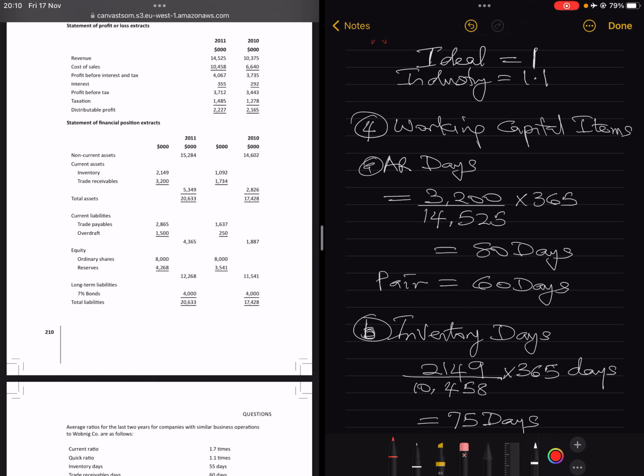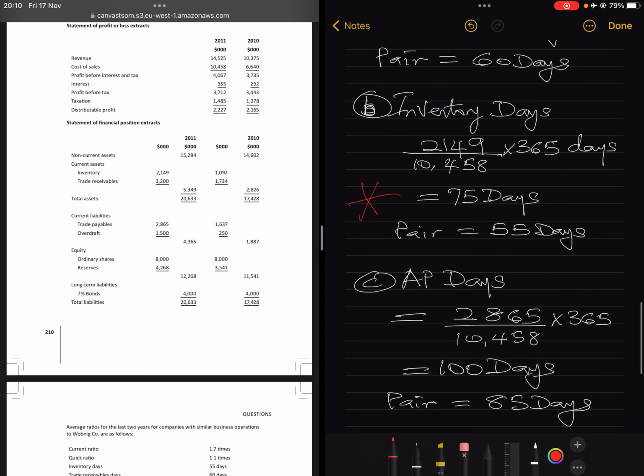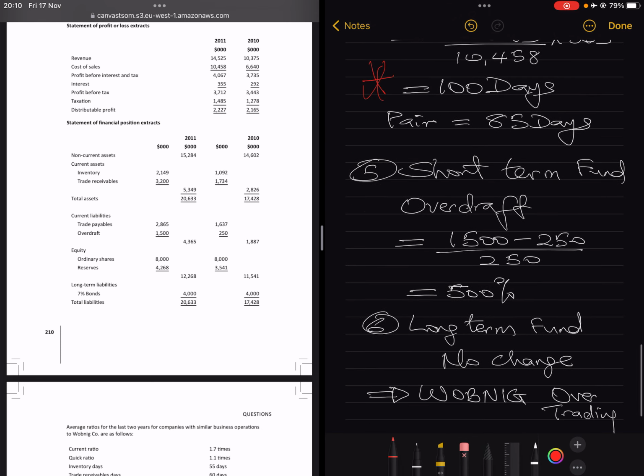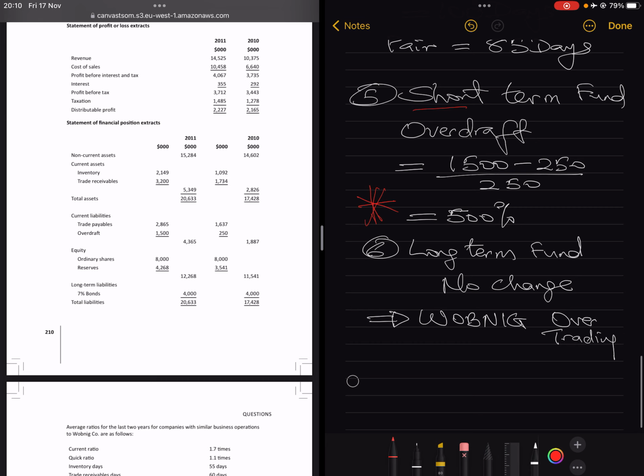And we look at working capital items. Account receivable days longer than our peer. Inventory days longer. AP days longer. Overdrafts has jumped up by 500%, short-term funding. Then no change to our long-term funding. So with that, the conclusion is apt that it's overtrading.